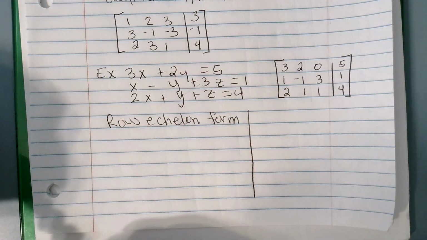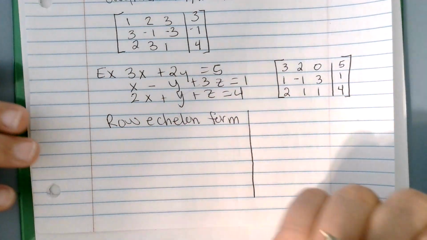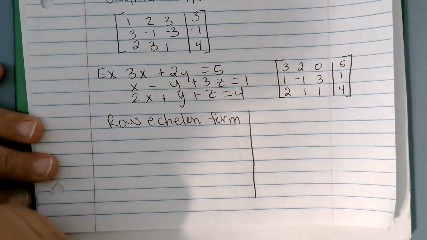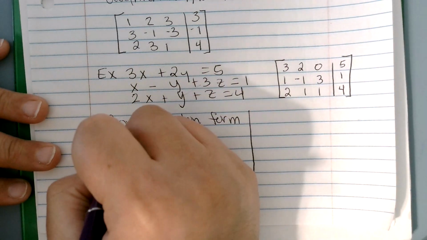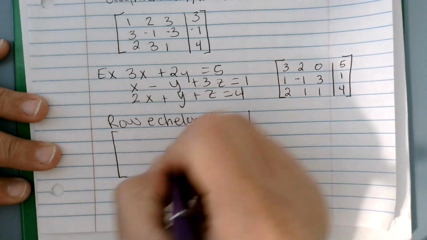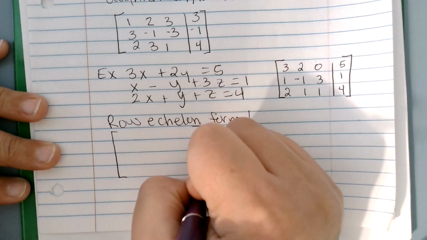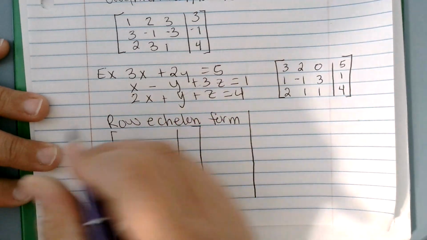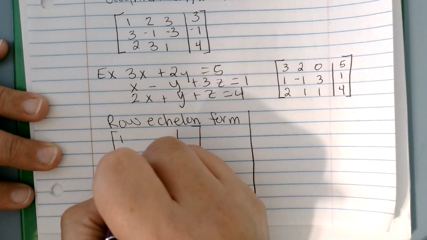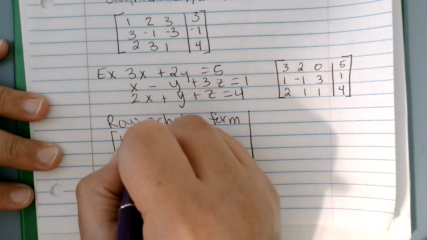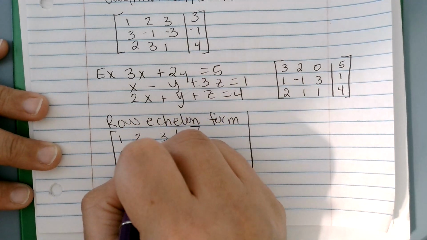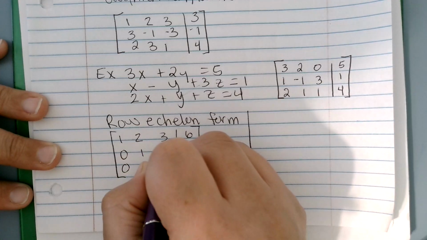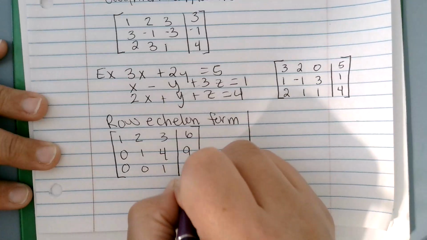There was a famous mathematician, Carl Gauss, who came up with this method of using elementary row operations to reduce a matrix so that we could backward substitute. So what we're looking for in our matrix is some sort of setup here, and I'm going to show you what it looks like in just a second.